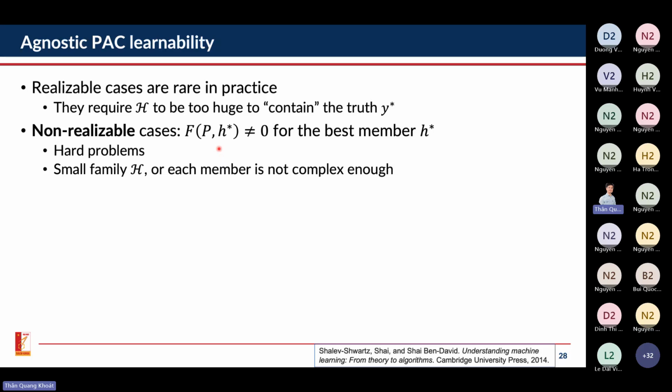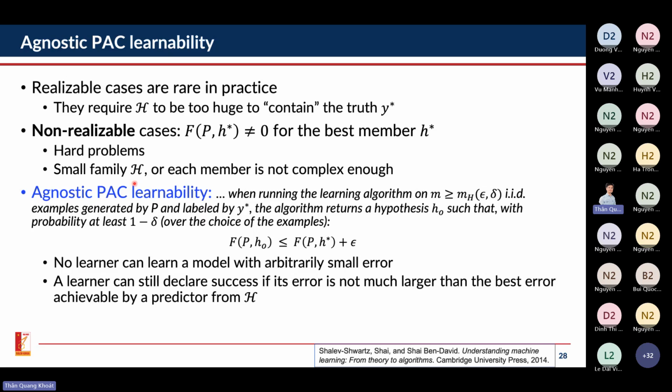So the learning problem can be hard, and the model family can be small or not strong enough to approximate the routers, right? So in that case, we can modify the definition from before to work with this case.